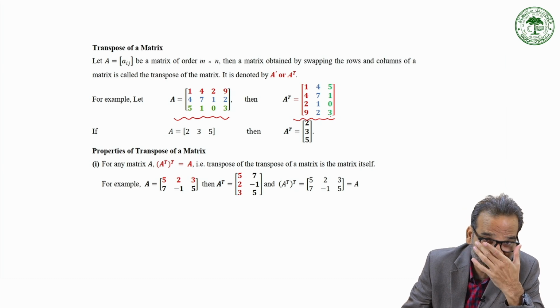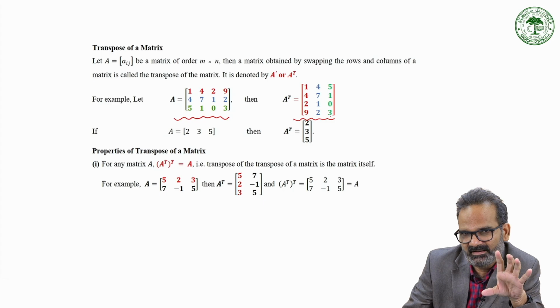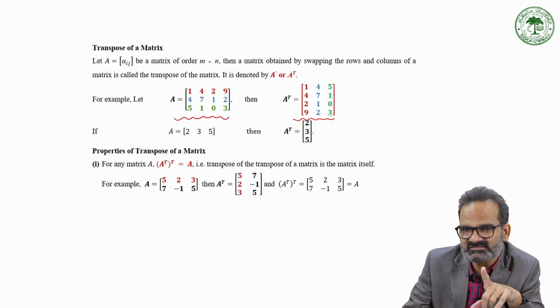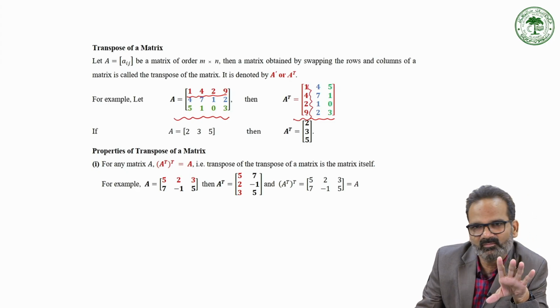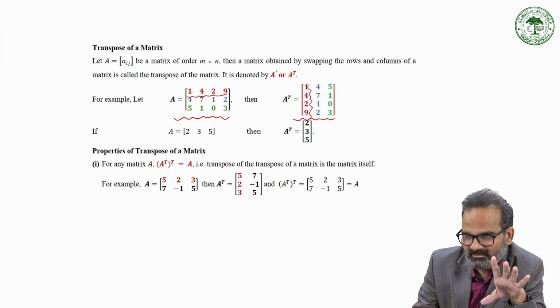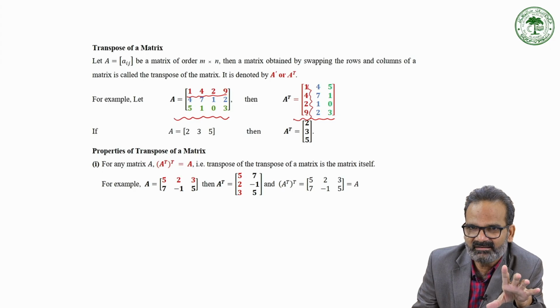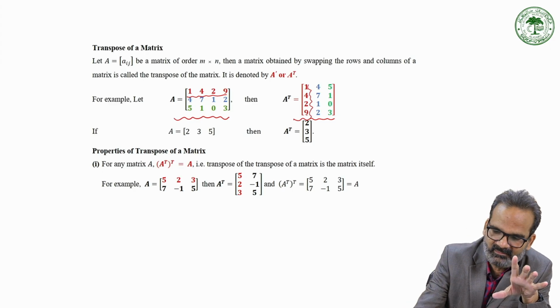So see, the first row of A is 1, 4, 2, 9, which is highlighted by the red color. The first row must be interchanged with the first column. Look here, this is your first row of red color, and it has been converted to the first column of the transpose, right? That is why I highlighted it in red.